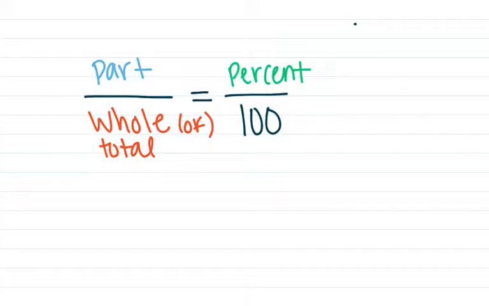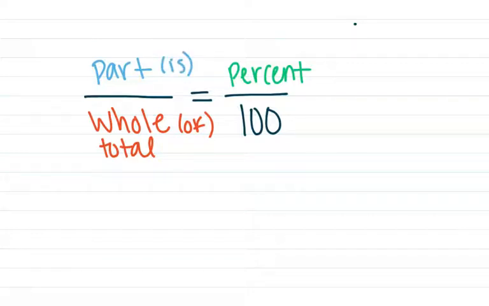The word part means it is a piece. Maybe we are going to get a piece of candy out of a total amount. Maybe we got this many questions right on our math test out of 20 total questions. One clue word that helps us identify the part is the word is.